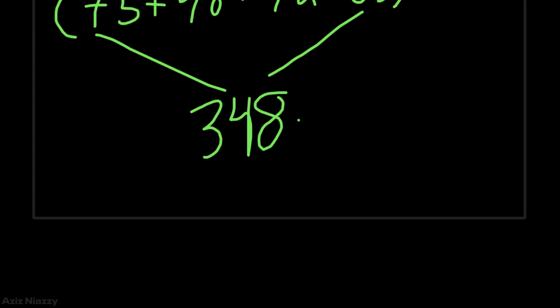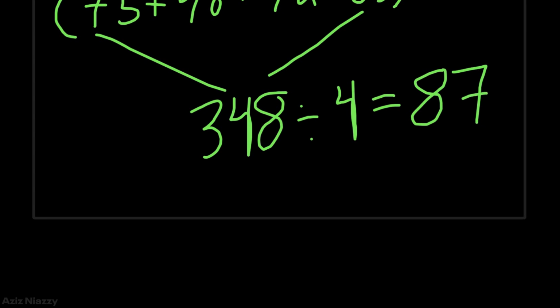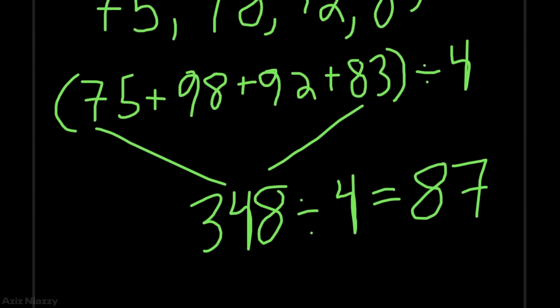And now we can divide 348 by 4, which is going to give us 87. So the average score Ryan scored was 87.